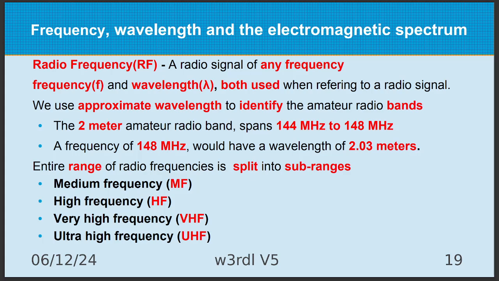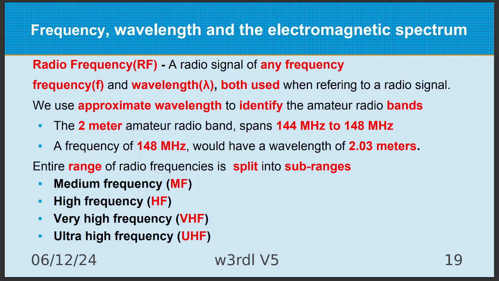The entire range of radio frequencies is split into sub-ranges. So we have the medium frequency range, the high frequency range, or HF, which tends to be the meat of what most people do in amateur radio.